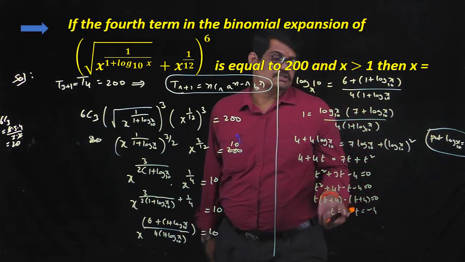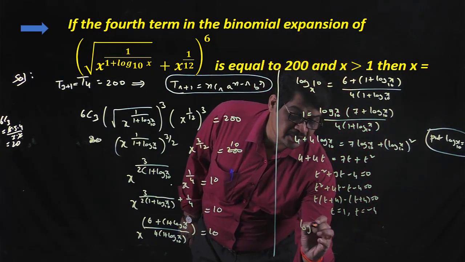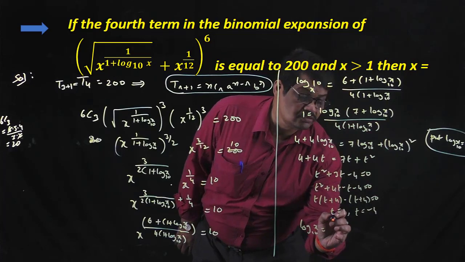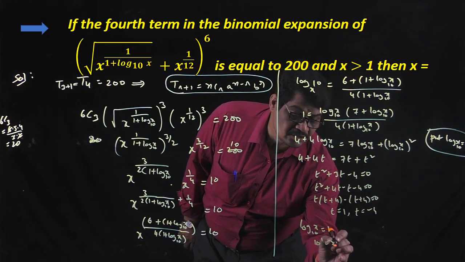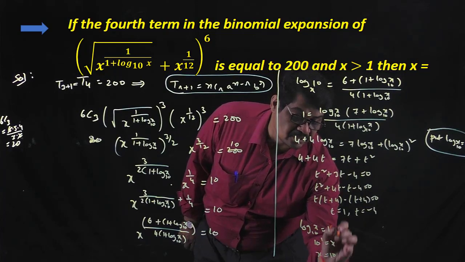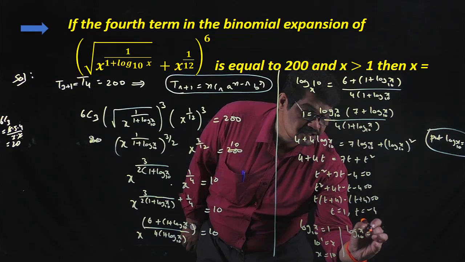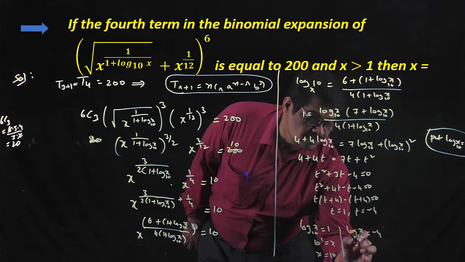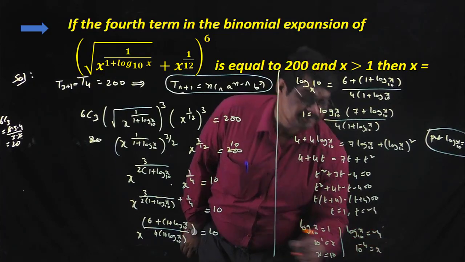Now we substitute in that. Here log x to the base 10 is equal to t. T is 1, then here 10 to the power of 1 is equal to x, x is here 10. Another value, log x to the base 10 is equal to minus 4. From that, 10 to the power of minus 4 is equal to x.